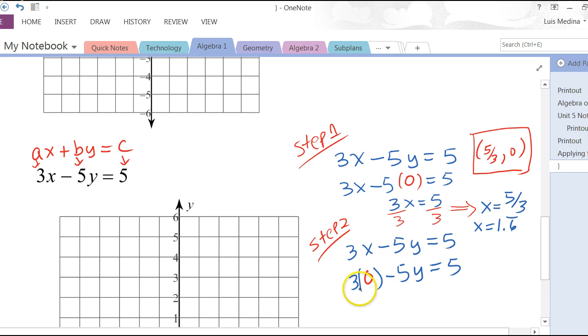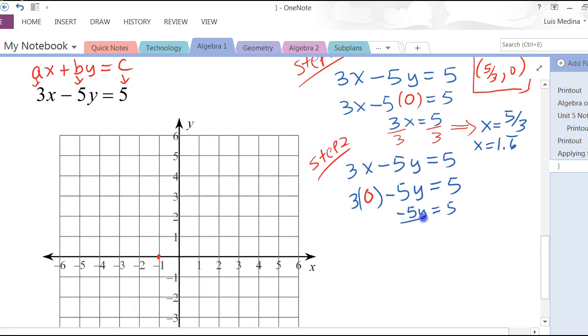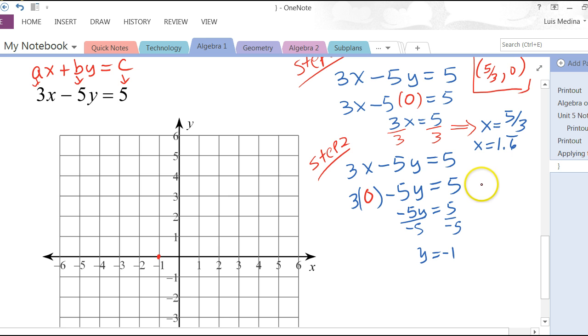Okay, so 3 times 0 is 0. Bring down minus 5y equals 5. Divided by negative 5. So my y is equal to negative 1. I forgot to write my point. So my point here is my x is 0, so I'm going to write here 0. And my y I found is minus 1.